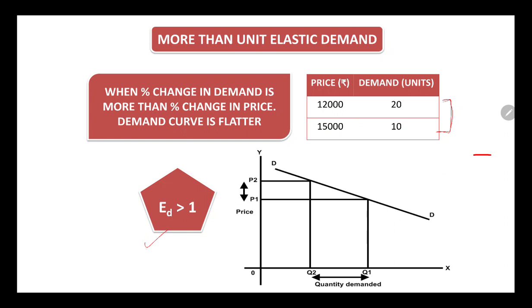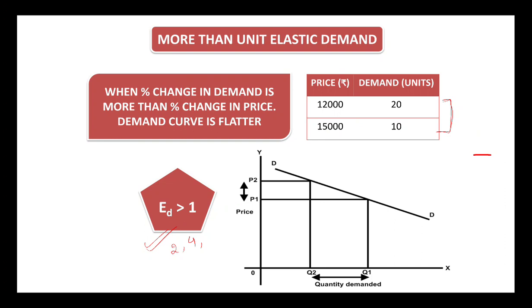It will always be greater than 1, because the percentage change in the quantity demanded, which is our numerator in the formula, is greater than the percentage change in the price. And whenever the value in the numerator is quite more than the denominator, you'll get elasticity more than 1. So the number could be 2, it could be 4, anything like that, but it should be greater than 1. And you will always get the demand curve as a flatter curve.